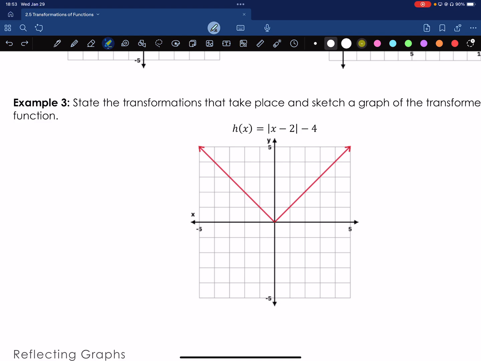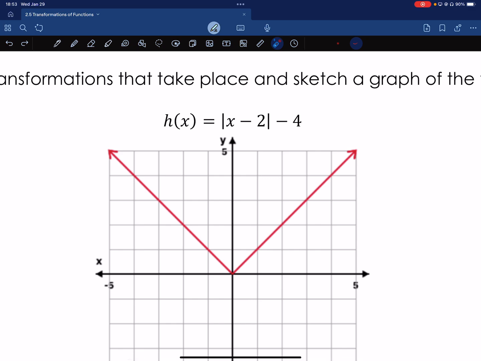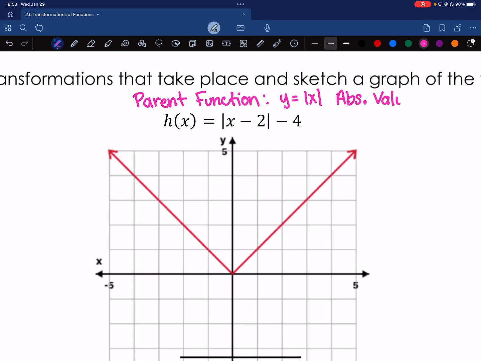Okay, so if we look at this again, these absolute value bars right here tell us our parent function. So our parent function is y equals the absolute value of x, which is the absolute value function. I'm going to abbreviate absolute.